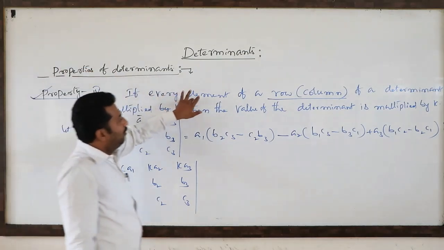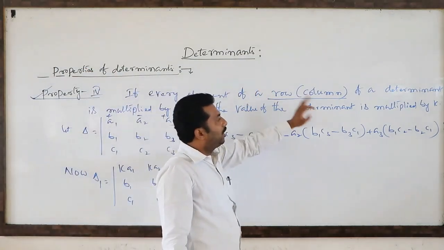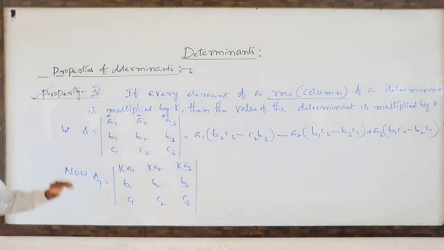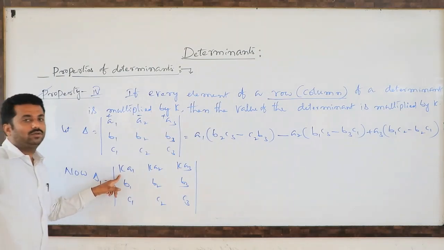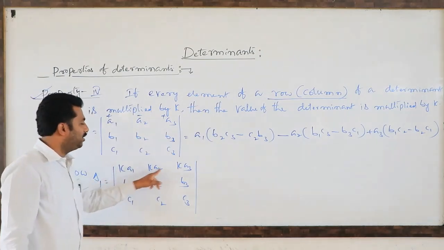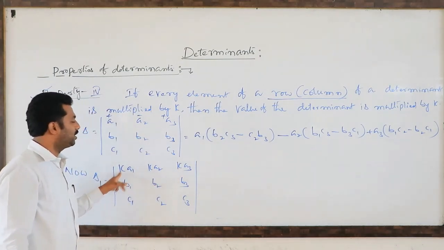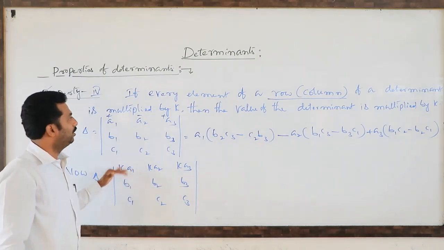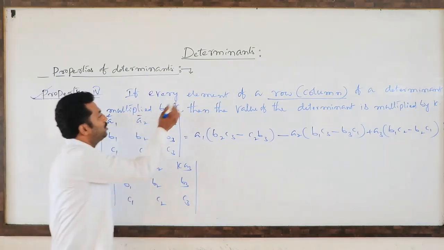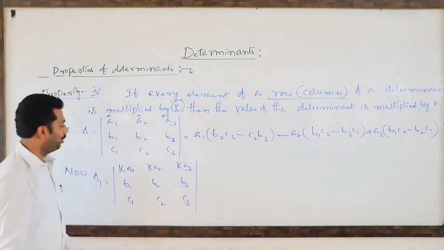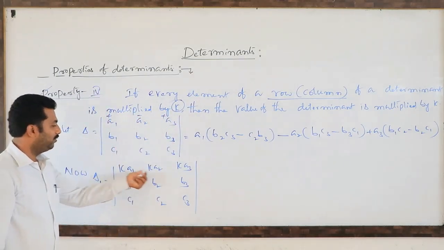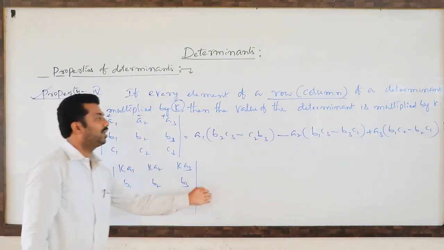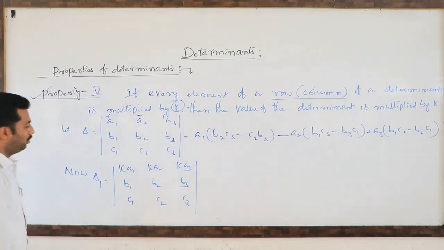Every element of a row or a column of a determinant is multiplied by k. We are choosing the first row, so all the elements are multiplied by a constant k, a non-zero constant. That point you have to remember. Multiplying by k, the value of the determinant is k times delta.